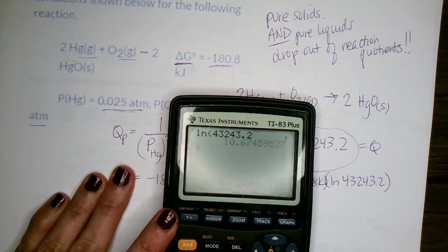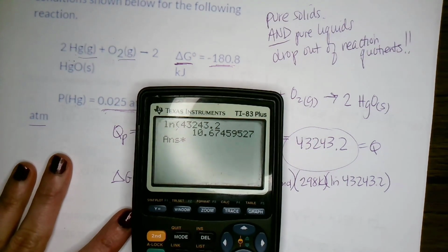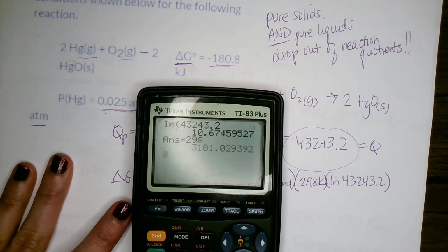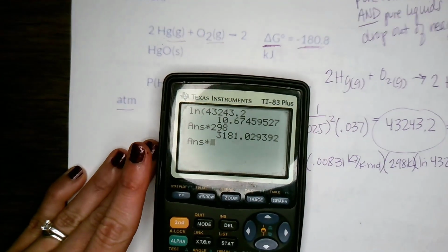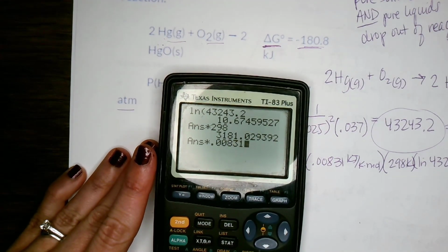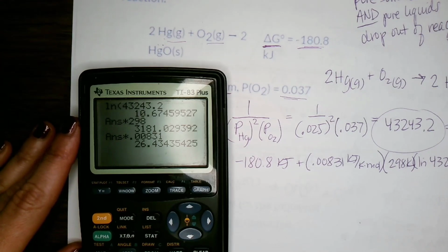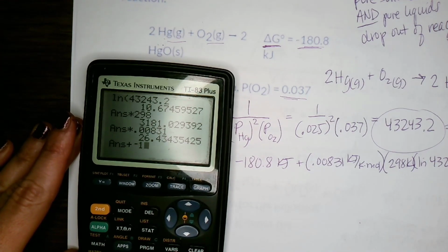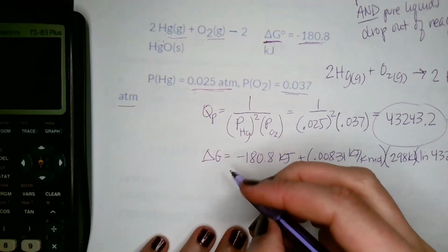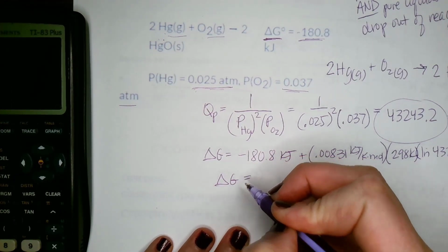All right, let's work this out. Natural log of 43243.2 times 298 times 0.00831, and we're going to add that to our negative 180.8.